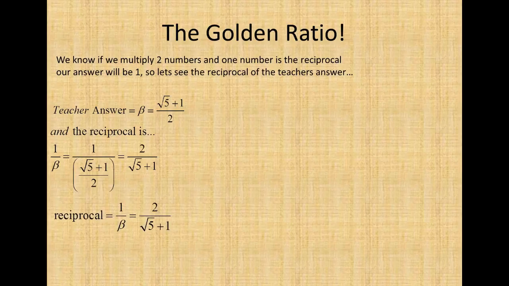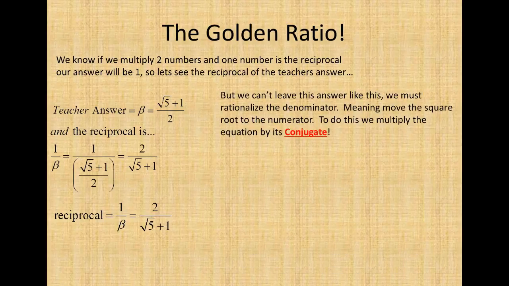Okay? So the reciprocal is 2 divided by the square root of 5 plus 1. That's the reciprocal of the teacher's answer. But we can't leave this answer like this. We must rationalize the denominator, meaning we must move the square root to the numerator. To do this, we multiply the equation by its conjugate.